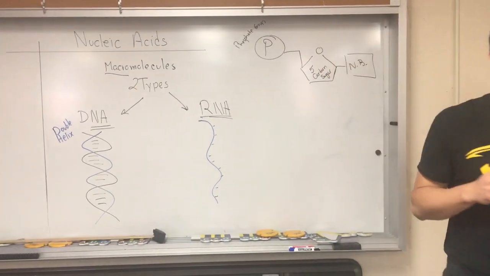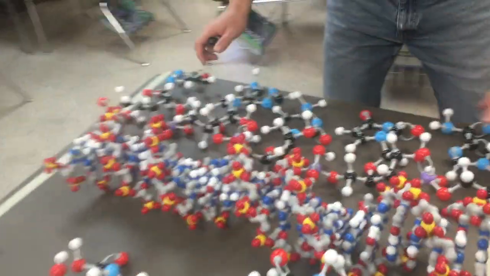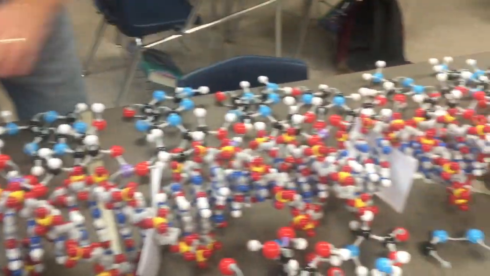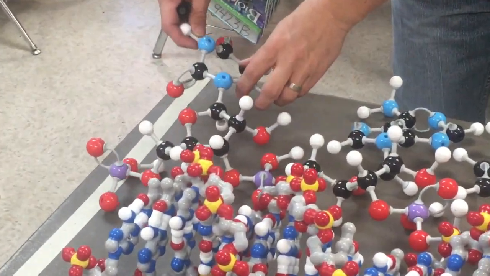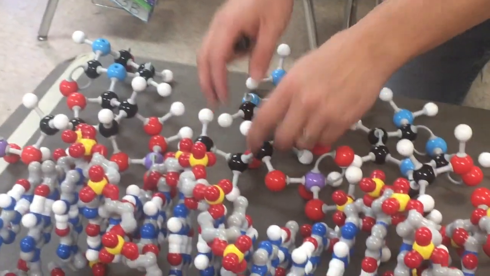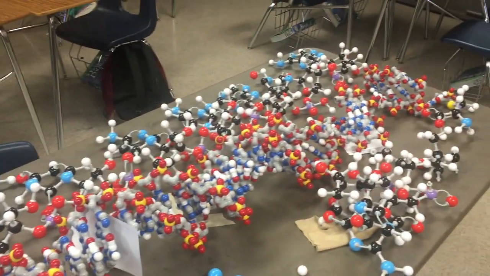If you come over here, I can show you the difference. Here we have one chain, so this would be RNA. It has one strand. Notice this is the phosphate group here, sugar, nitrogenous base. Phosphate, sugar, nitrogenous base. As you continue on, you can notice that this is one strand.